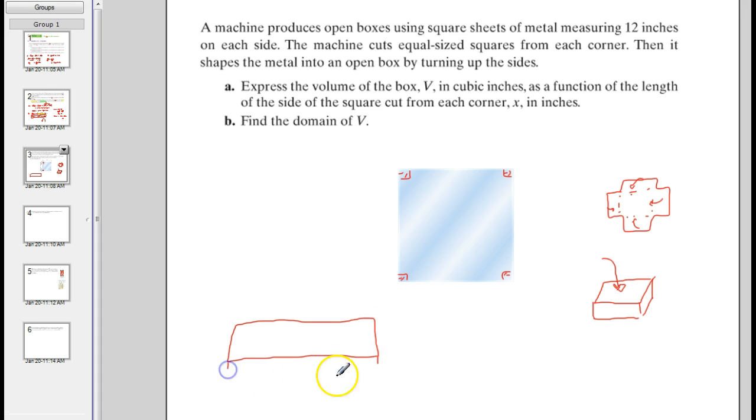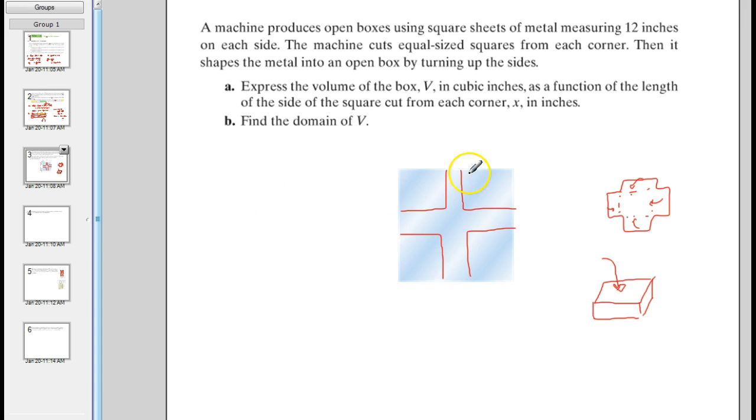It's just a teeny tiny width right there. But if I cut off a bunch from each corner, then what I end up with is a really tall box, but it's not very wide at all, something like that.